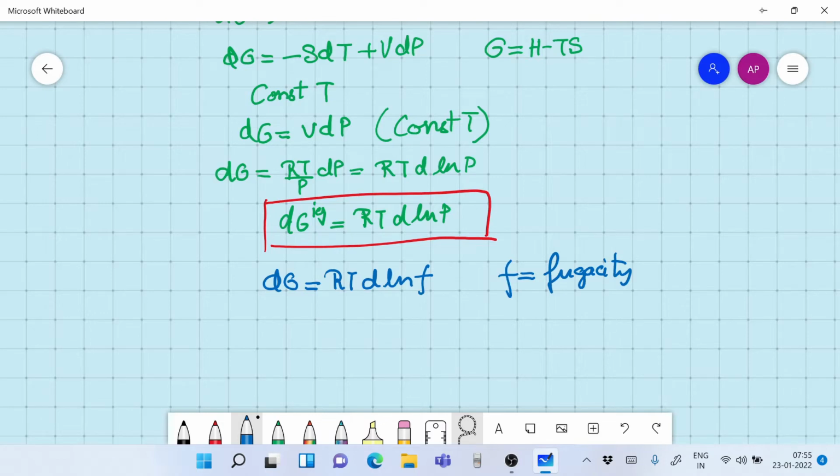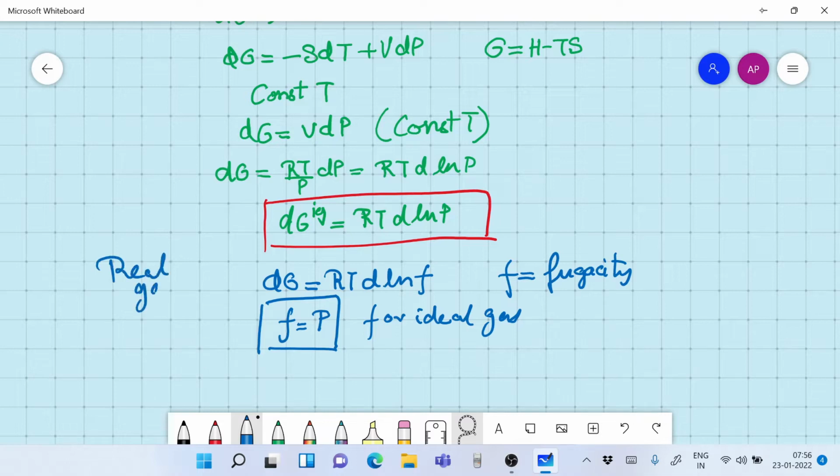And we say that the change in Gibbs free energy of a non-ideal gas or a real gas is dG is equal to RT d ln of f. It goes without saying that if the gas behaves as an ideal gas, then f for the gas is equal to P. Now, this is for a real gas, right?